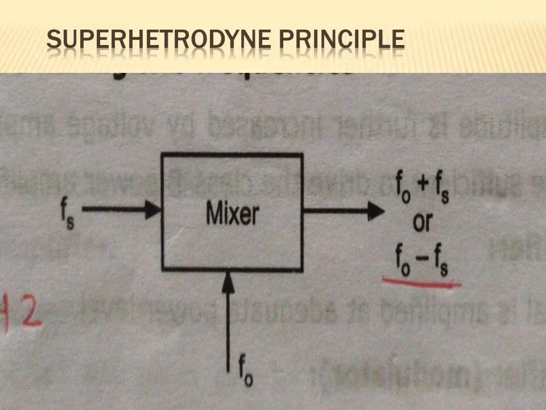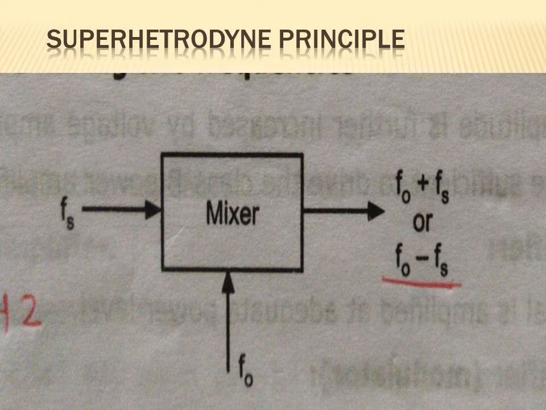From these, the difference component, that is fo minus fs, is selected, which is called the intermediate frequency. All TV and radio sets operate on this principle.